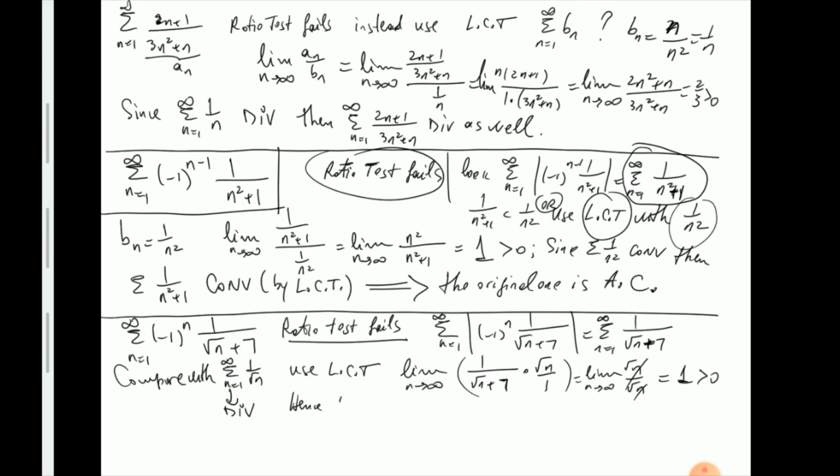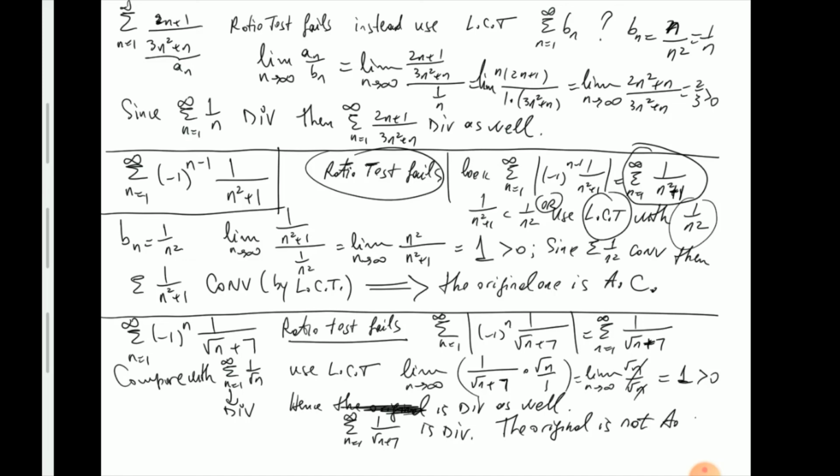Hence, the original is divergent as well. Okay, the original. What I mean is, let's not get ahead of ourselves. What I'm talking about here is that the summation from 1 to infinity of 1 over root n plus 7 is divergent. So basically the original is not absolutely convergent.